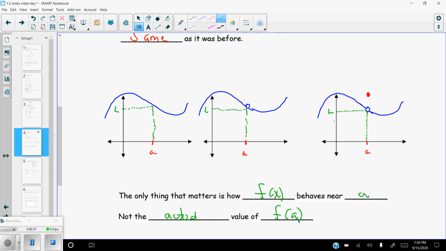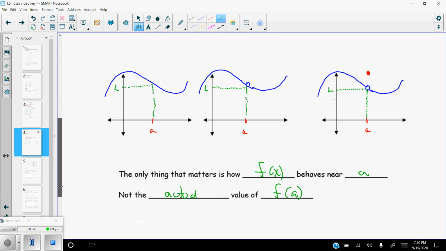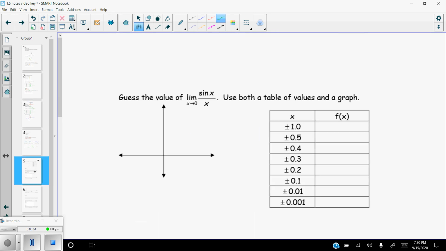So it's not the function evaluated at a necessarily, it's how f of x behaves near a. Okay, that's what we're looking at there. Very, very important concept. All right, let's go on to the next page.